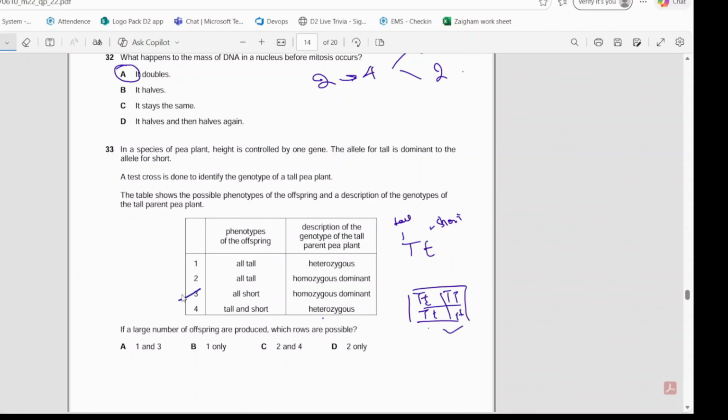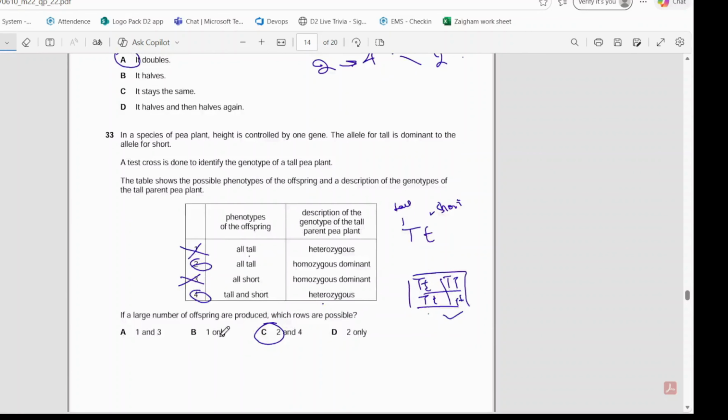So all short are not possible, and all tall heterozygous are not possible. They can be tall and short. Oh my god, this is so confusing. Homozygous is wrong. Now, all short homozygous is not possible. So I guess 2 and 4 are the possible rows. Exactly. And tall homozygous is also there if you put them in a test cross.